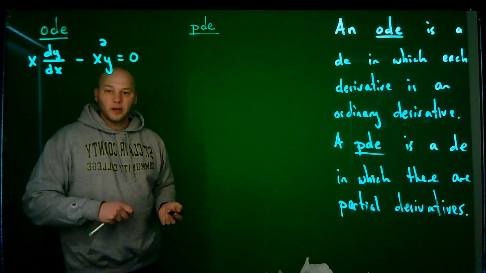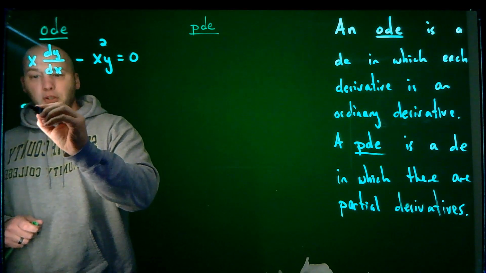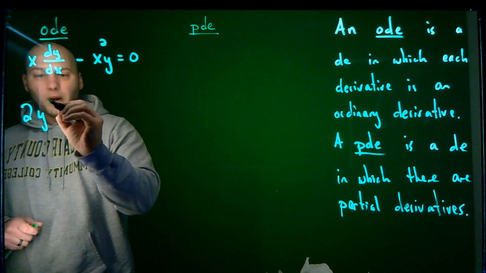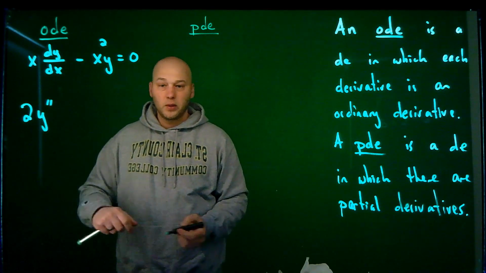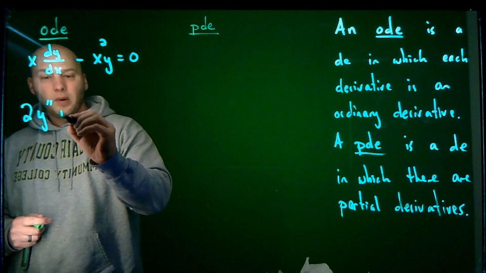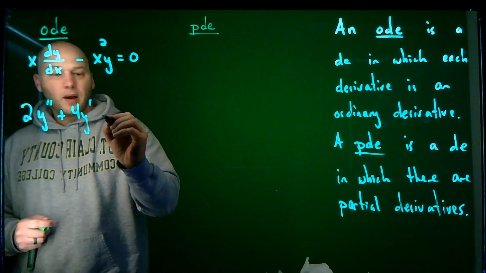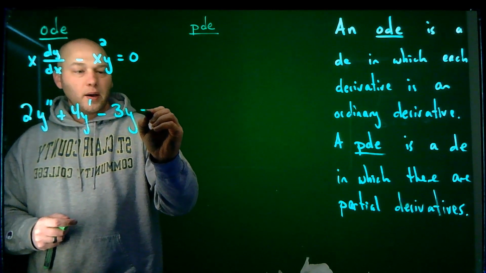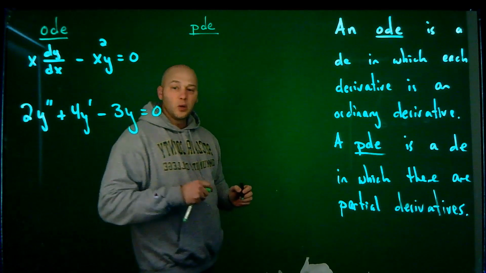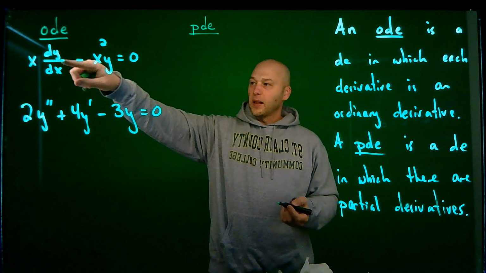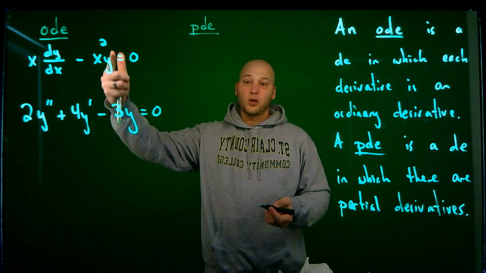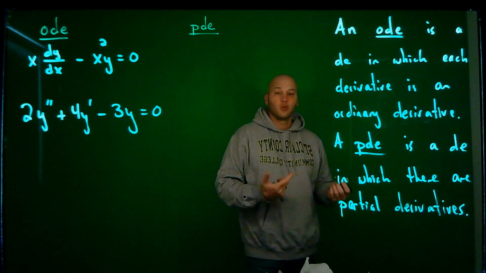Another ordinary differential equation, 2y double prime plus 4y prime minus 3y is equal to 0. Sometimes we use Leibniz notation, sometimes we use the prime notation. Those would be two examples of ordinary differential equations, and whether I use Leibniz notation or the prime notation, those are both ordinary derivatives.